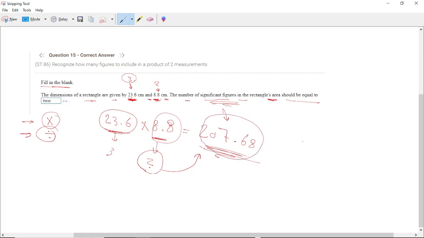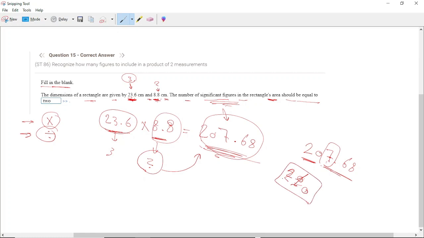So here in this number, I have 207.68. Now the significant figures here are 20, right? But what about the other numbers? We have to round the number 0. So we check this 7. 7 is more than 5. So this 0 will be rounded to 210.